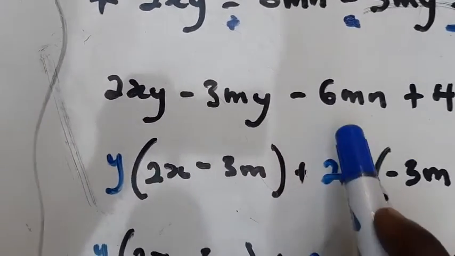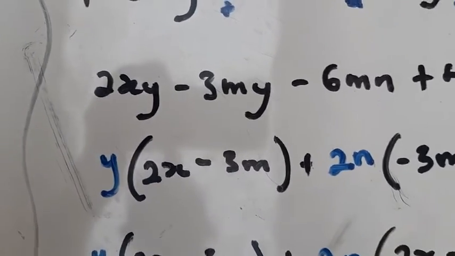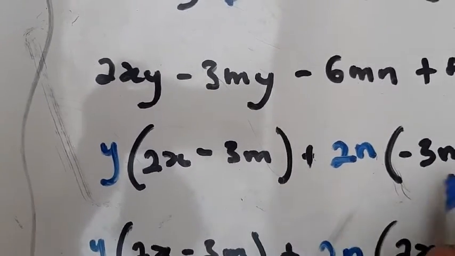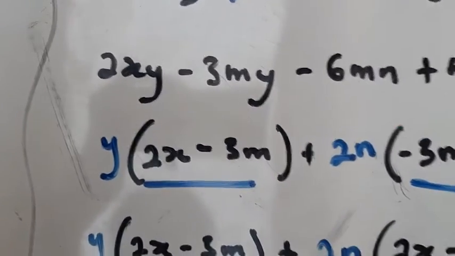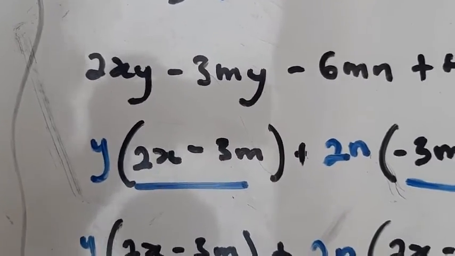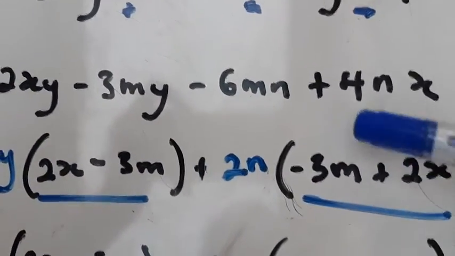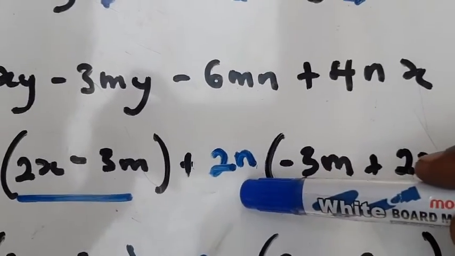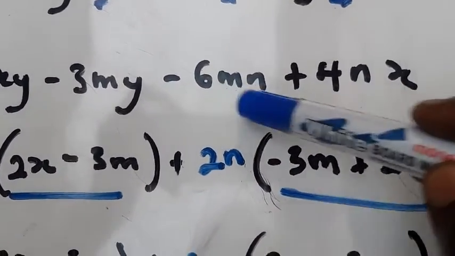Look at the trick here. I have at the back of my mind that the two brackets have to be the same. Anything in this bracket and this bracket always has to be the same. So let's bring 2n out of these two terms. n is there, we can get 2 here, 2 here.